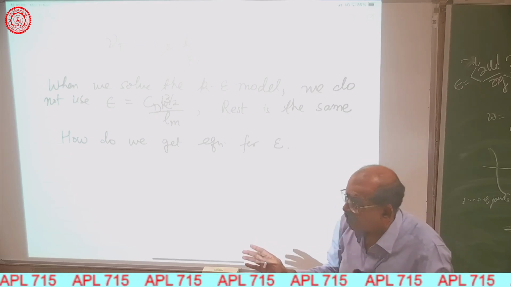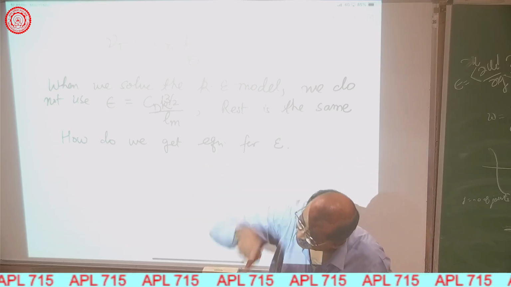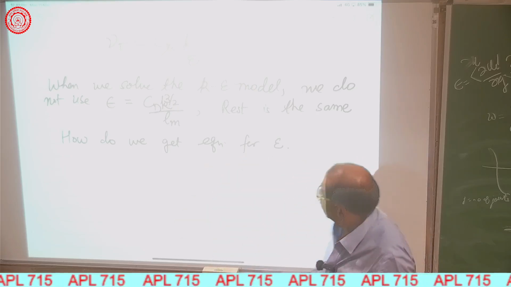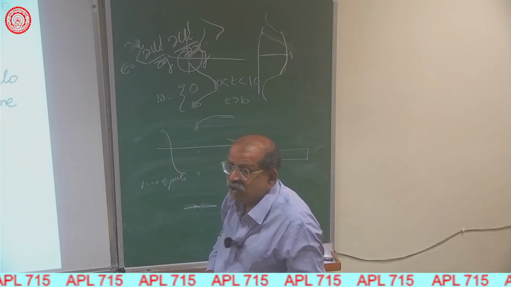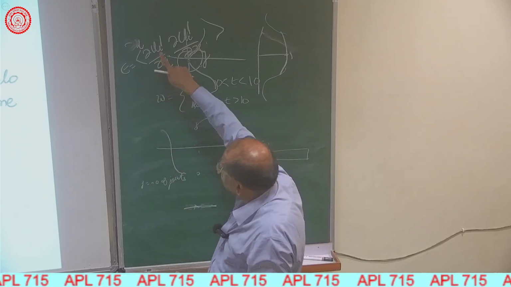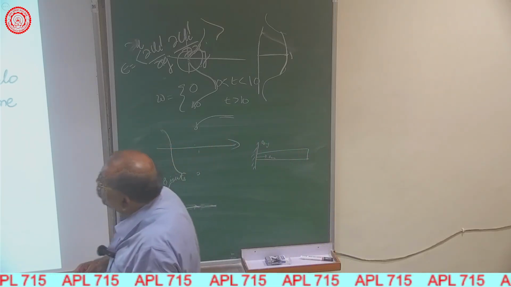But it will be complex because u_j' itself is a complex equation multiplied by another u_j'. Basically, first you have to take a derivative of that with respect to x_j, and then multiply it by itself.